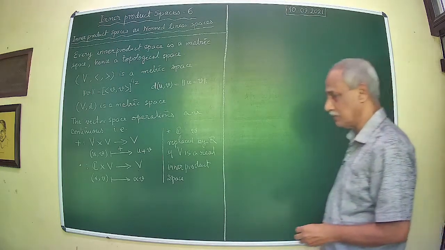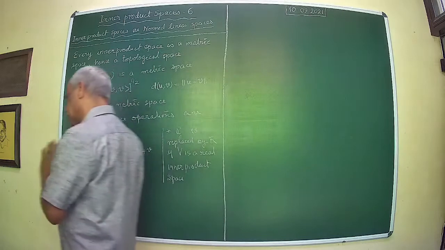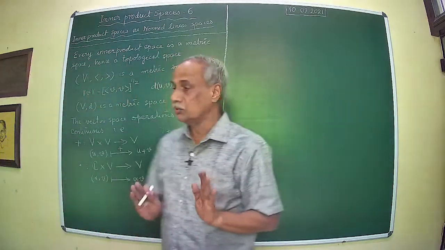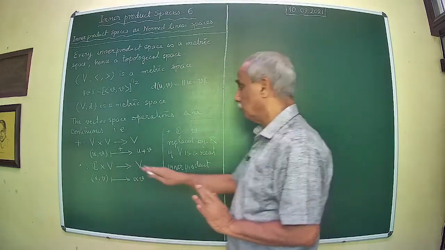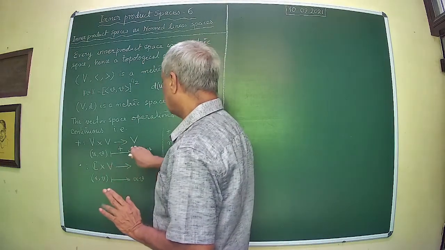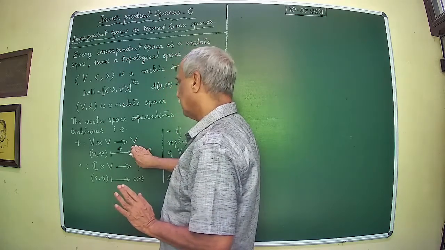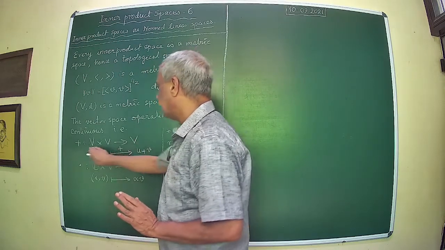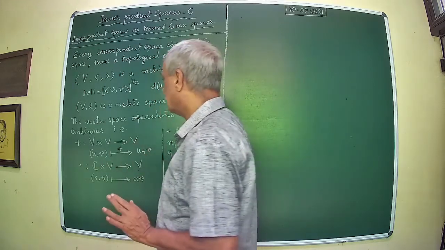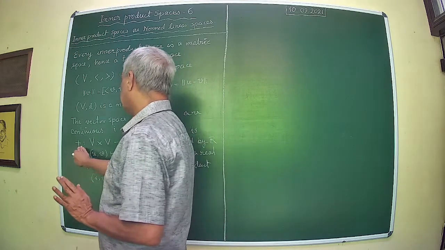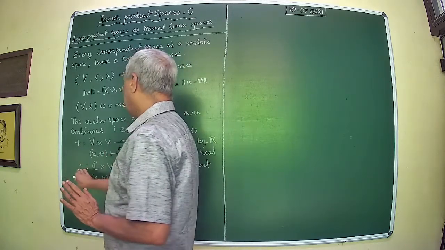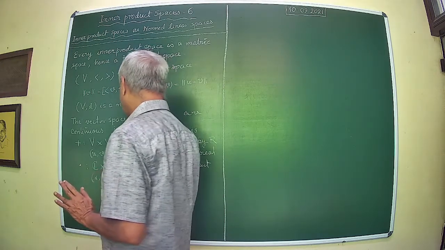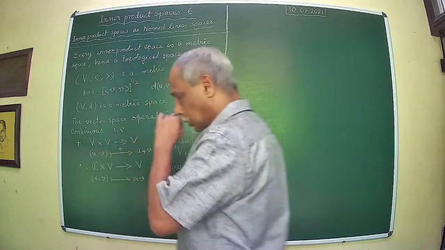And here we are saying something concrete because we have now a topology to play around. So V cross V is a topological space, V is a topological space, and the desirable condition is that the addition from V cross V to V, and the scalar multiplication from C cross V to V, are continuous operations.